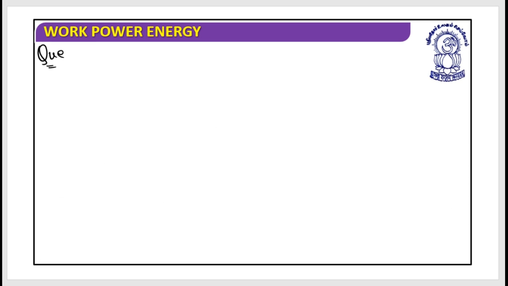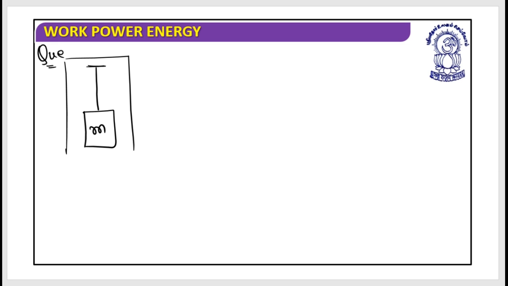Let's have a look. Suppose this is a block having mass m and it has been tied to a rigid support, and this rigid support is in a lift, and that lift is moving upward with an acceleration of g by 2. Initially it is at rest.